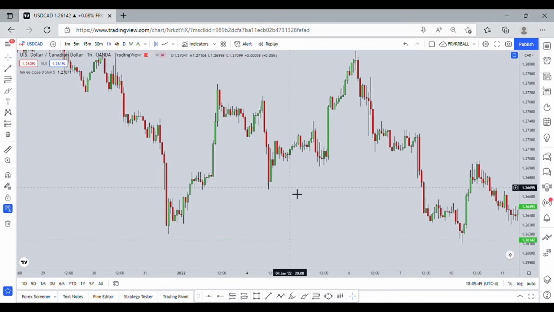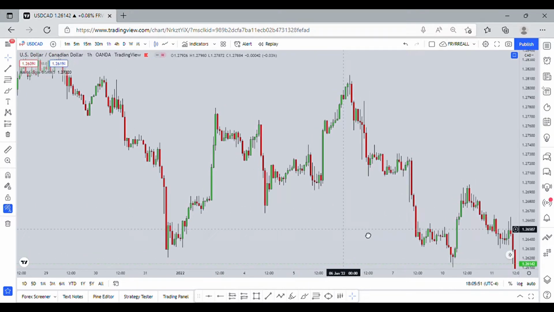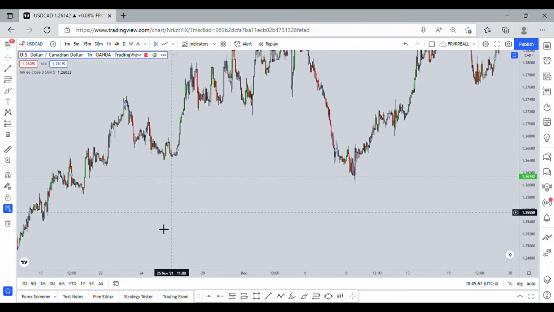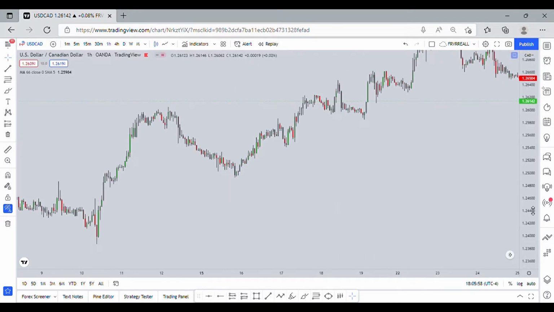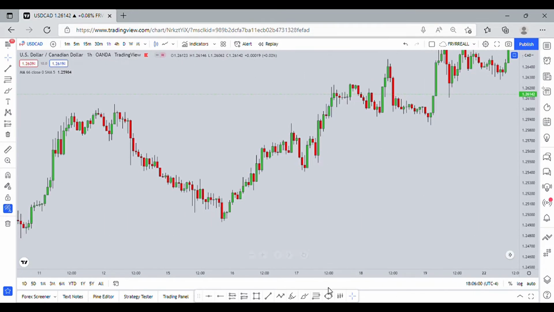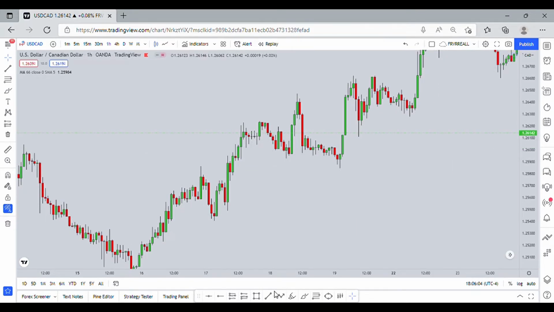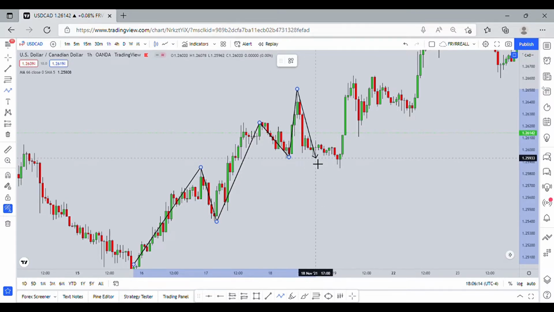Right here, we do see a clear uptrend where price is making higher highs, higher lows, higher highs, higher lows, higher highs. Here price has retraced 100% of the impulsive move.